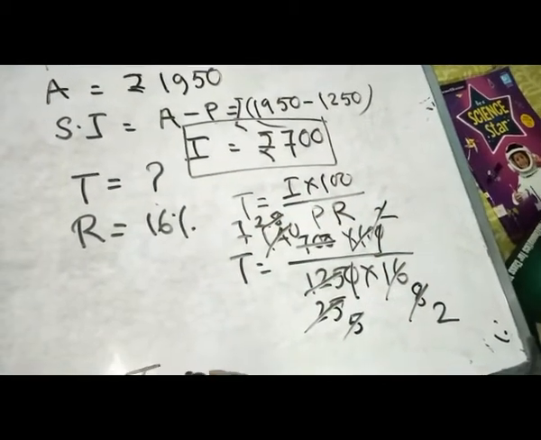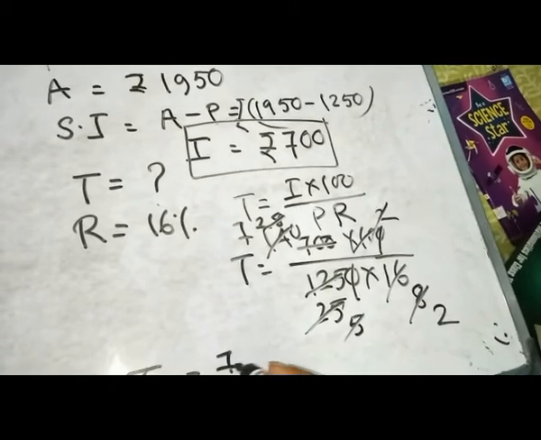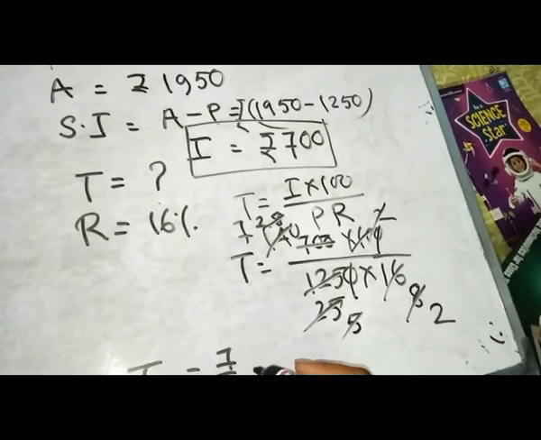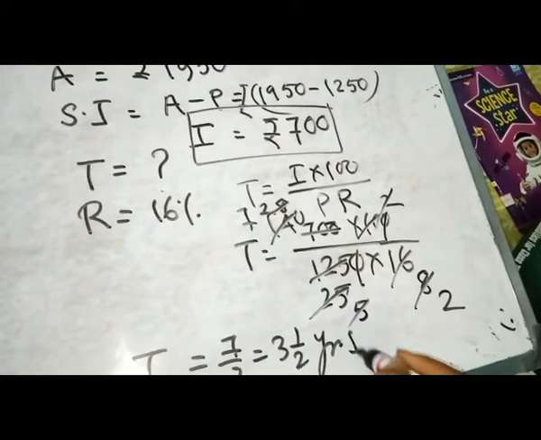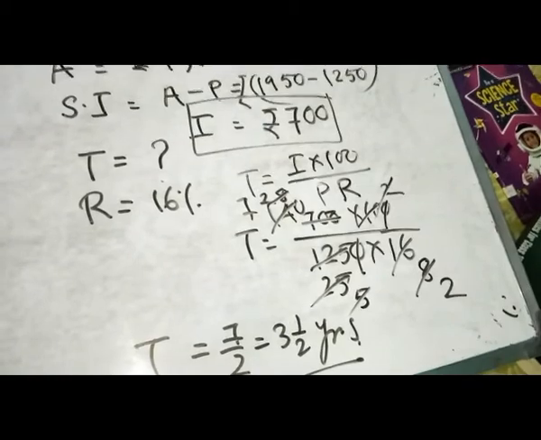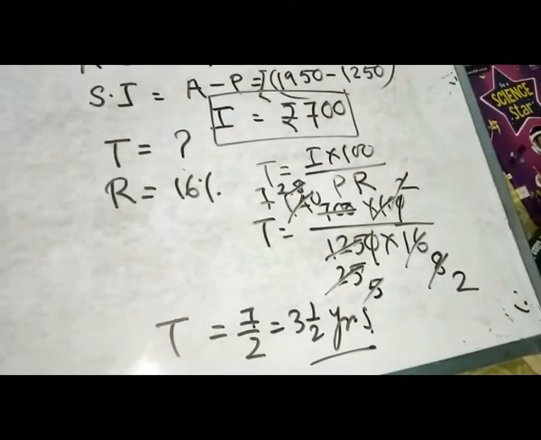The time equals 7 by 2, so that is 3 1 by 2 years. This is the time. Understood?